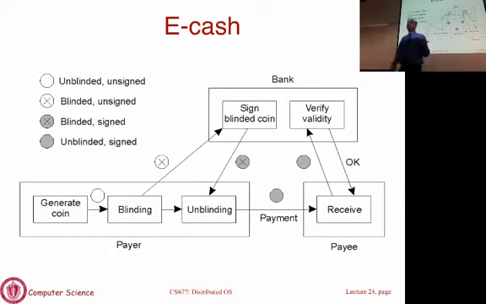The best analogy to think of this is, let's say you have a $10 bill, an actual cash bill. You put it in an envelope so that nobody can trace the serial number or anything like that. And you ask the bank to stamp or sign this envelope saying it has $10. So if you give this envelope to somebody, they will actually see the bank signature saying there is real money in it.